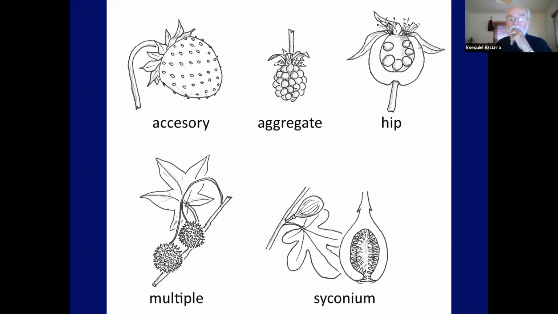They fall very easily. And you can see inside the hip, you have the achenes that are dry and not nice to eat. What animals eat in the wild from the rose hip is this external structure, which is the hypanthium. When we see the rose family, it's an enlarged calyx that becomes fleshy and normally yellow to red colored and acts as a dispersal unit for animals to eat.